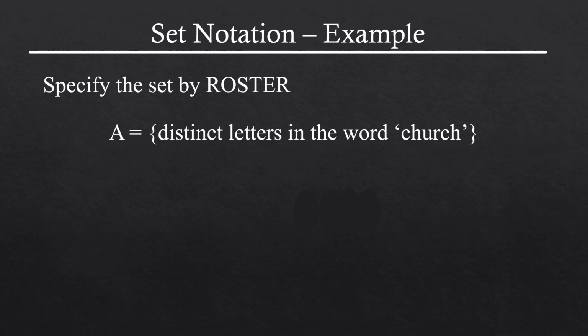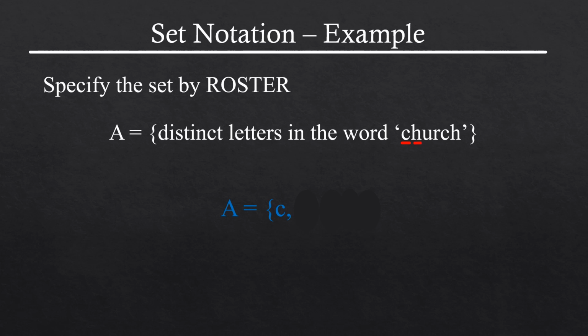The letters are different. You can tell them apart. Let's look at each individual letter. The first letter is C. So C has to be in my set. I'm going to come down and start my set, the set A. A is equal, and I've got my little bracket there, and I have a C.